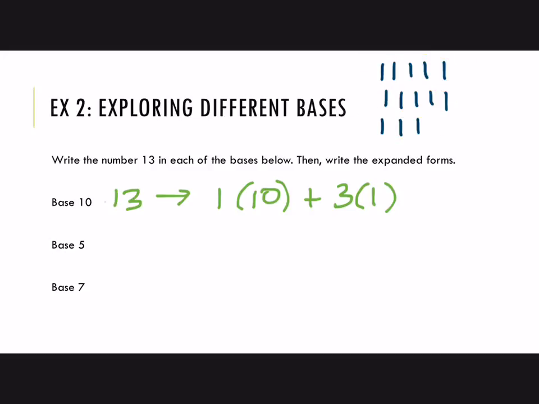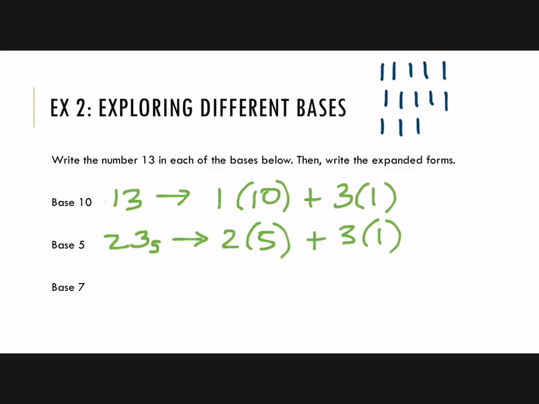So as a base 5 number, I would write 2, 3, and I would put a little subscript, a tiny number 5, to show which base I'm in. So this representation kind of looks like our normal numerals, but it's a completely different way of writing this quantity of 13. And this is showing that there are 2 groups of 5 and 3 ones left over. Okay, that's grouping by 5s.